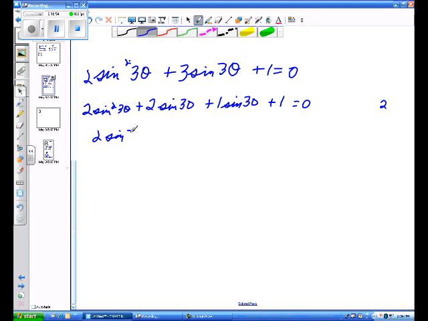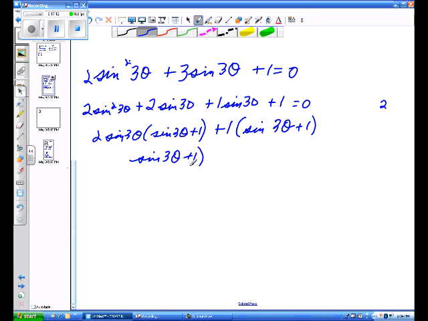So now we can factor out a 2 sine 3 theta plus 1, since these are common factors. So we have the sine of 3 theta plus 1 times 2 sine 3 theta plus 1 equals 0.